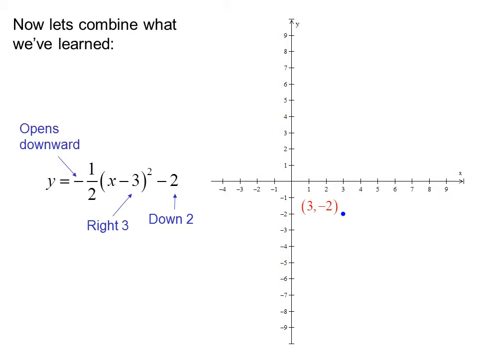Because we have a negative sign in front, the parabola will open downward. And because we have the 1/2 in front, it will move down half as fast. So instead of going over 1, down 1, it goes over 1, down 1/2.